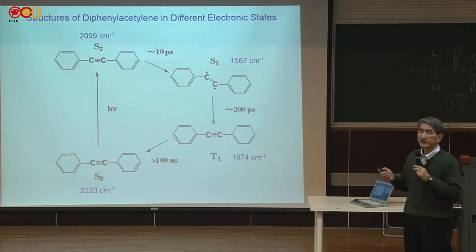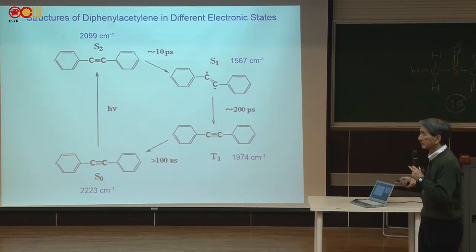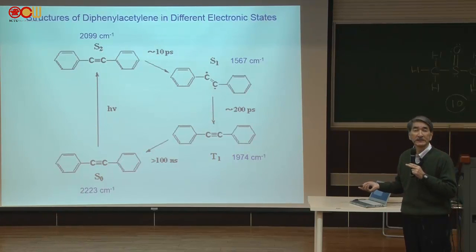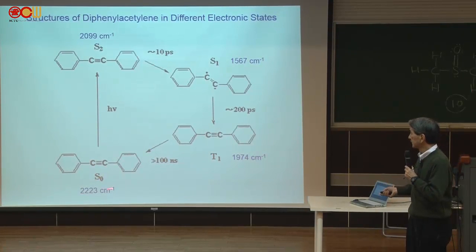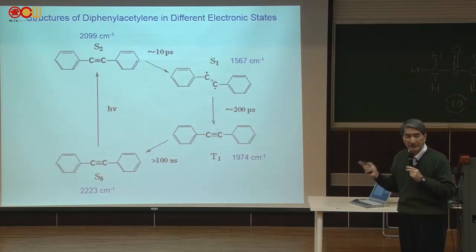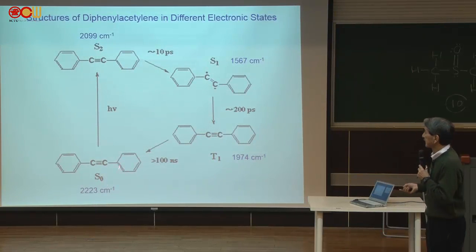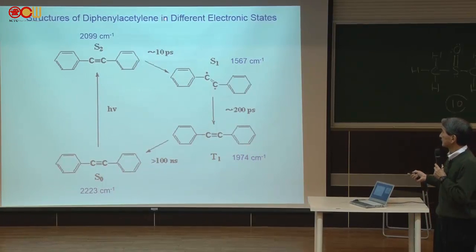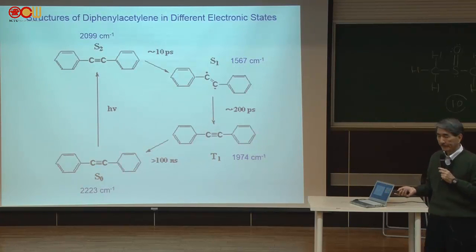For example, CC double bond gives about 1600, and CC single bond gives 1000 or something. So as I said, the Raman spectrum is the molecular fingerprint, and if you see this wave number, then you can immediately tell that it has a triple bond. So it is very natural that diphenylacetylene has got a triple bond because it's an acetylene derivative.